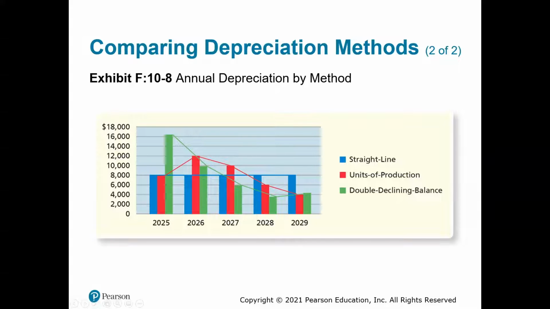The double declining balance method, which is in green, produces a line that is decreasing. And the units of production, which is red, varies depending on the usage.